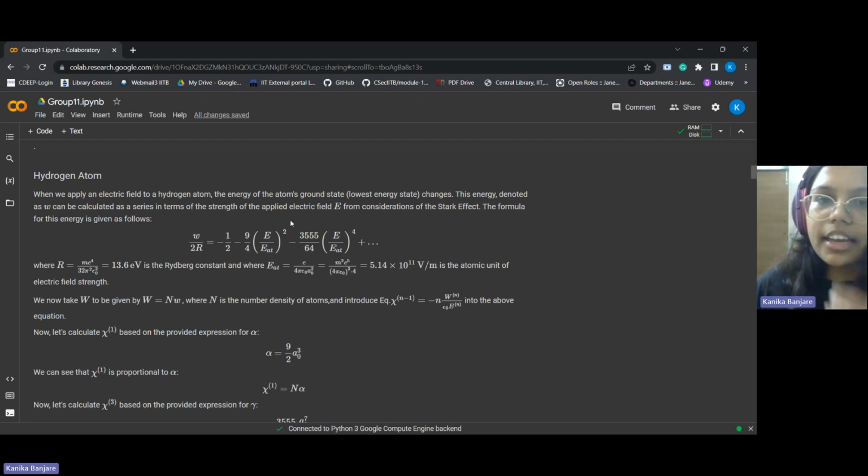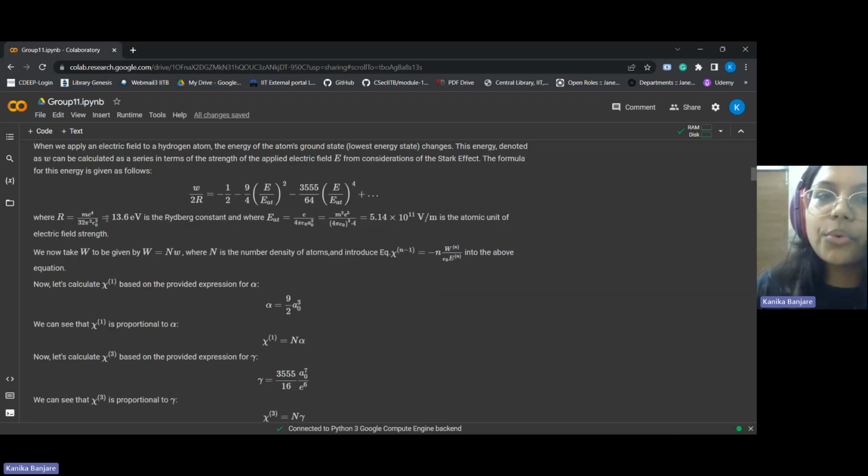Omega can be calculated as a series in terms of the strength of the applied electric field E, from the Stark effect, as I said before. And this is the formula. Here we know that R is the Rydberg constant, and E_AT is the atomic unit of the electric field strength.